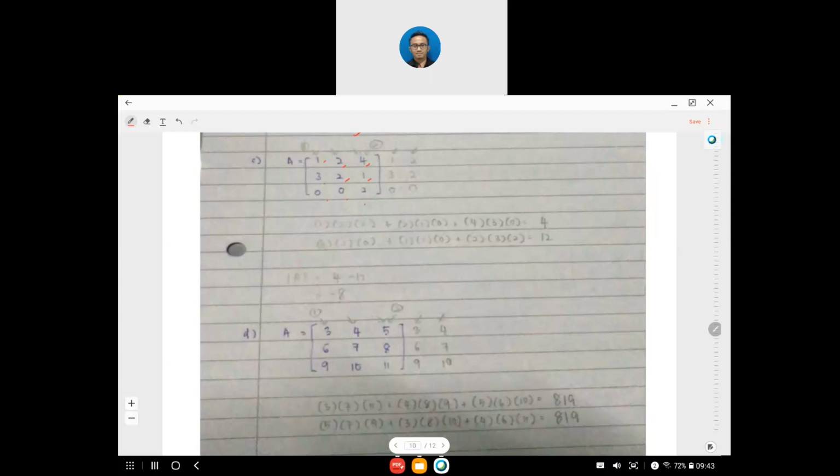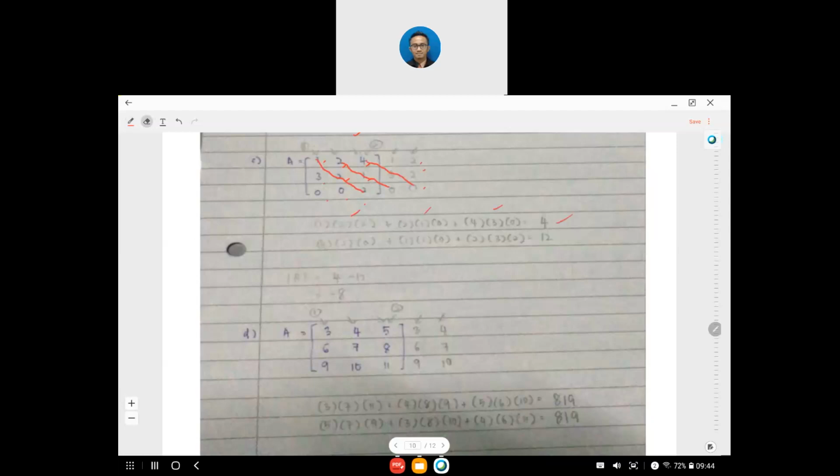Okay, so your friend uses extended column, which is the easiest, the simplest one to solve the determinant, where you add another two columns, 1, 3, 0, 2, 2, 0. So the first one, you times this one, 1 times 2 times 2, 2 times 1 times 0, and then 4 times 3 times 0. So you can get 4.